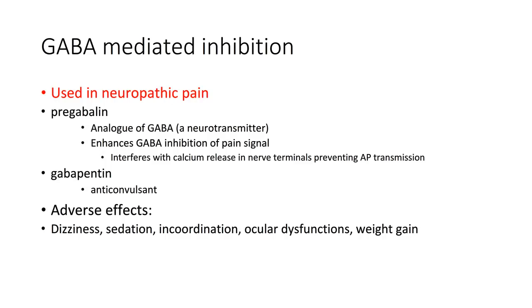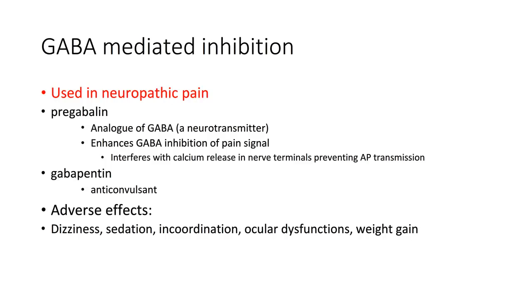Pregabalin is a mimic, an analog of GABA, and as such it enhances this GABA inhibition of the pain signal, and it's a drug that's been used increasingly more often in the last few years for neuropathic pain. Another drug that works similarly on GABA is gabapentin, and it's been traditionally used as an anticonvulsant.